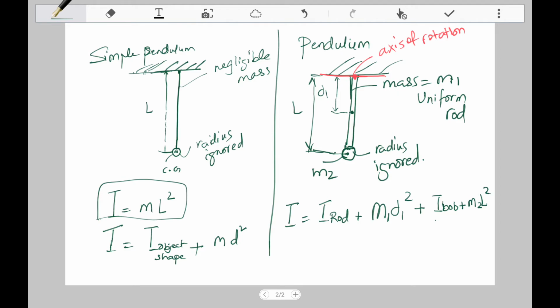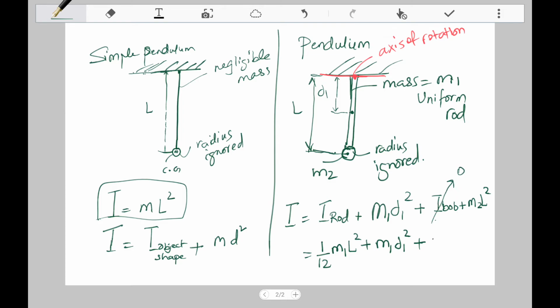So if we simplify that, then this is going to be 1/12 times M1 L1 squared plus M1 D1 squared plus, this is going to be 0, right?